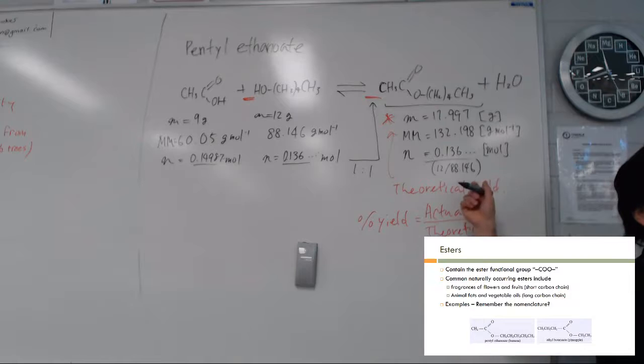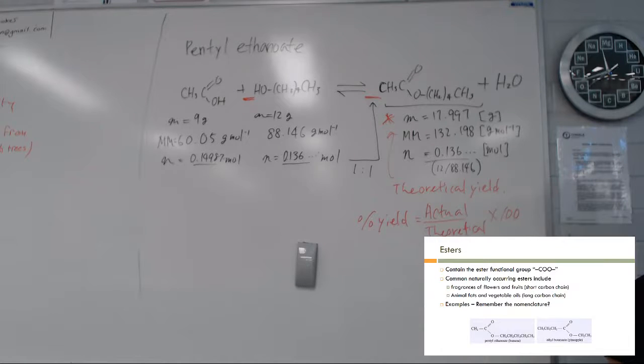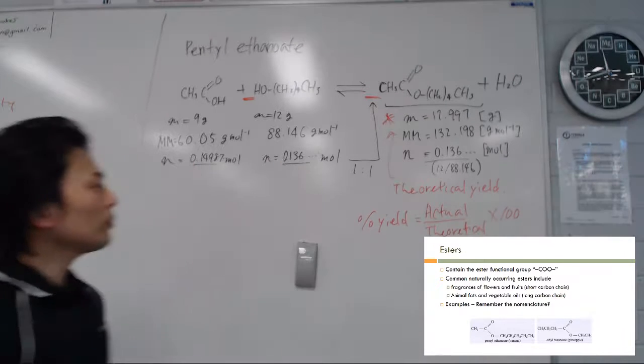So small number, it should be smaller than usual, and then theoretical. So that's the whole number that you were expecting. And if you multiply by 100, you should just get what was the percentage of the yield you could achieve over what you found.